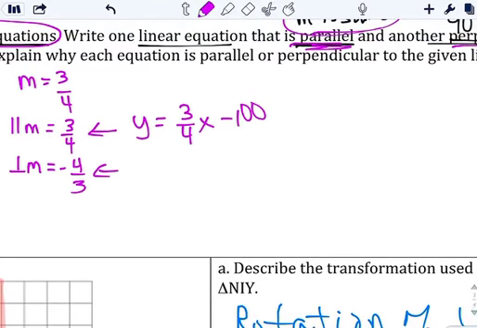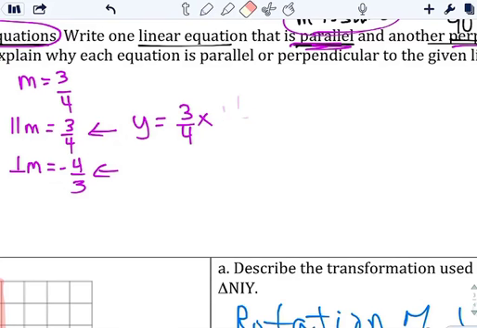Okay, at this table, give me another equation that would be parallel. Plus 6. You guys understand this? Any questions on this?